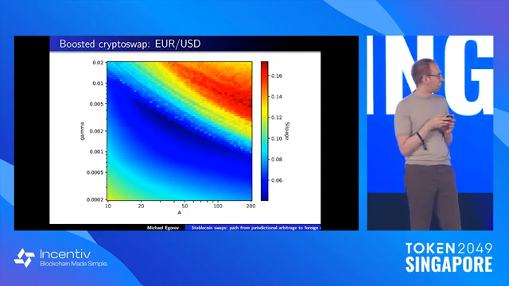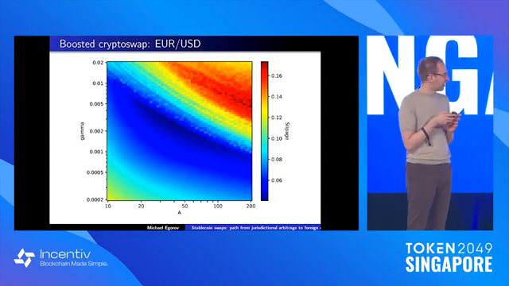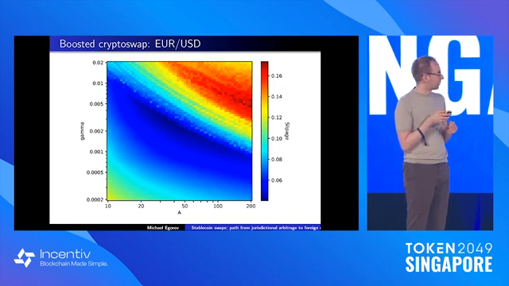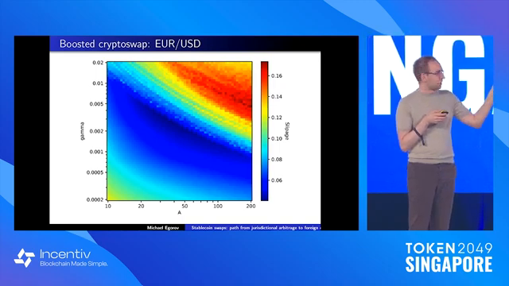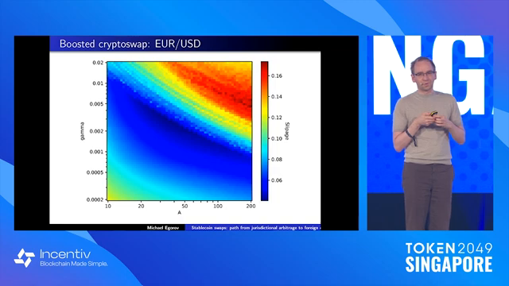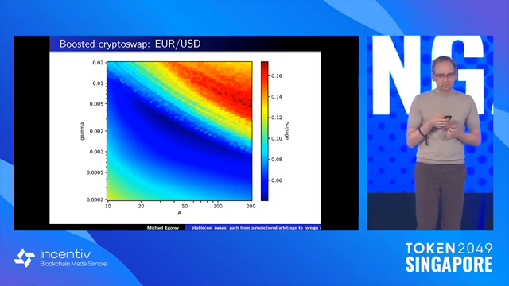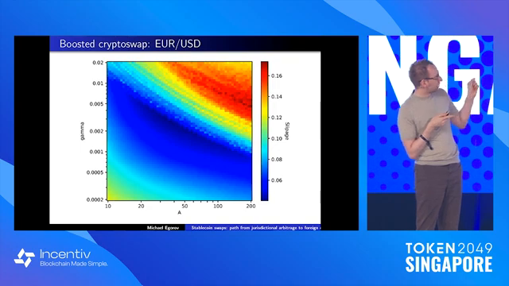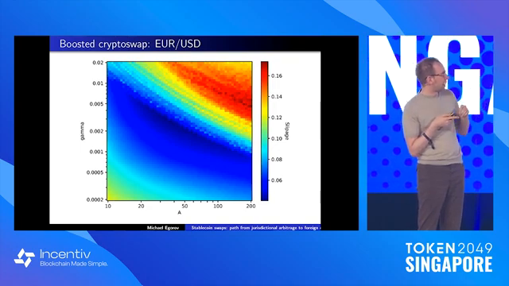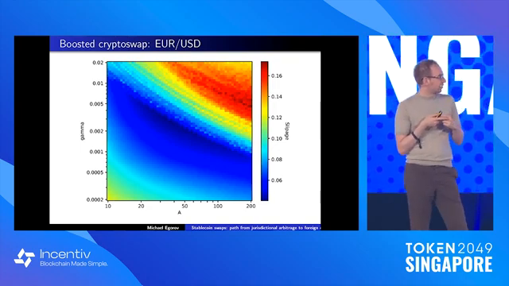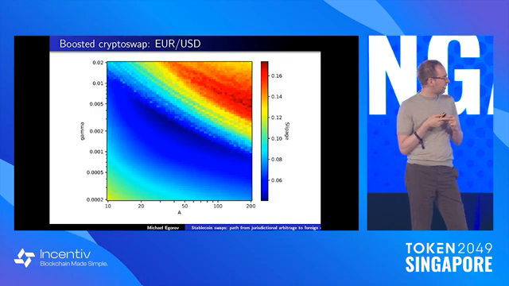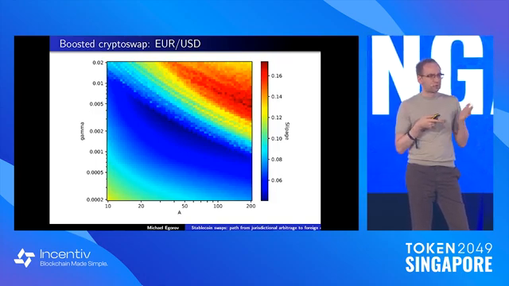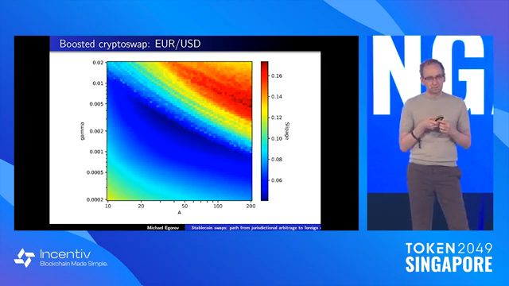This is for the Euro USD pair, and the bluer the better on this picture. If we took the very minimum of the slippage on the picture, it looks like it can be around 4%, and the smaller the better.